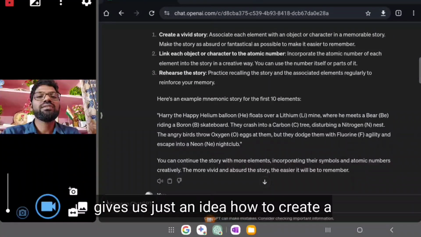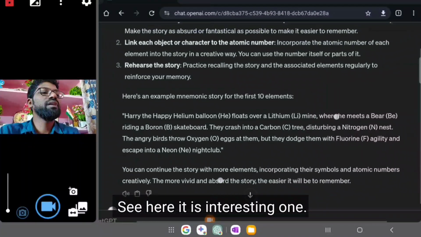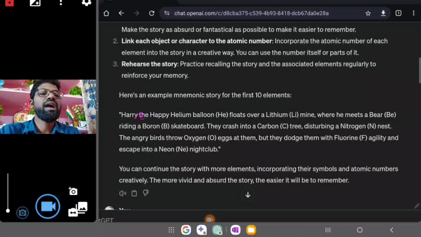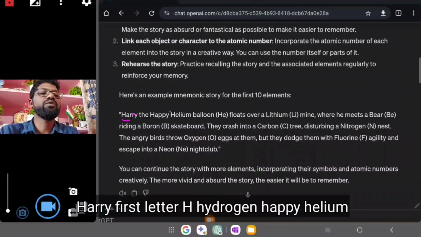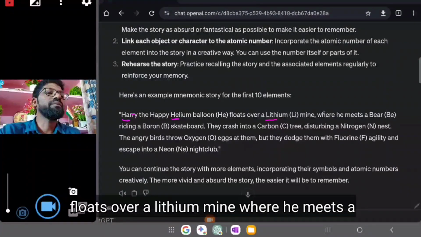This gives us just an idea of how to create a mnemonic. See here, it's an interesting one. I see Harry, the happy helium balloon. Here Harry, first letter H, hydrogen; happy, helium, second letter; lithium, floats over a lithium mine where he meets a bear.